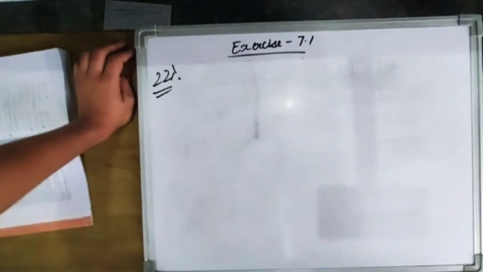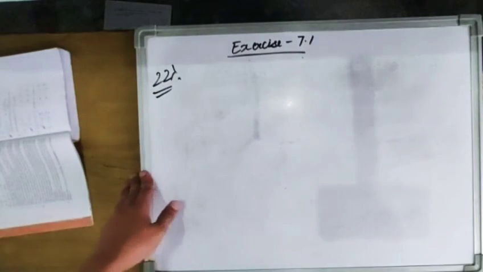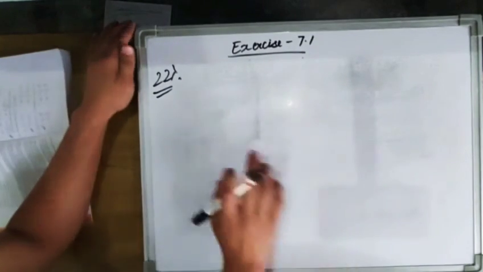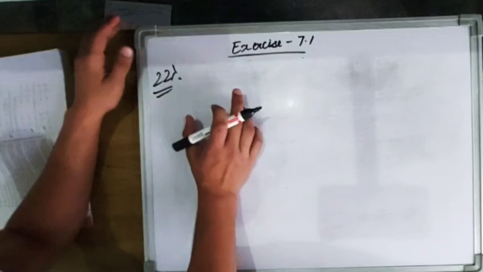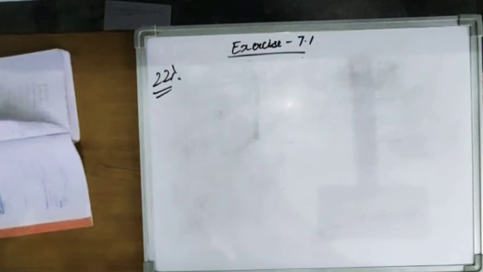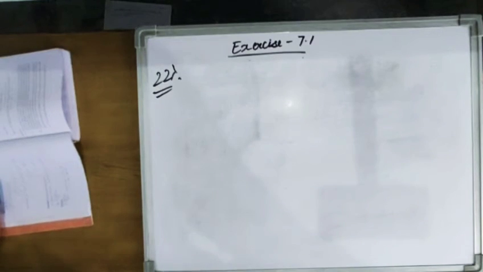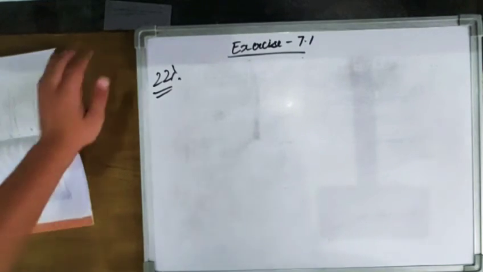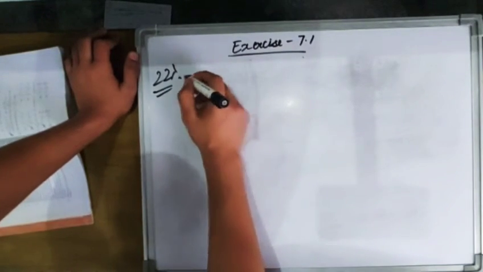The 22nd question is the last question of exercise 7.1, and it is important as well. You cannot find this question in exercise 7.1; there is an example like it in the NCERT book, example number 4. We need to find its integration.